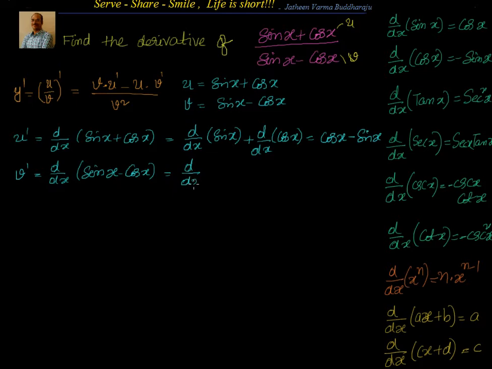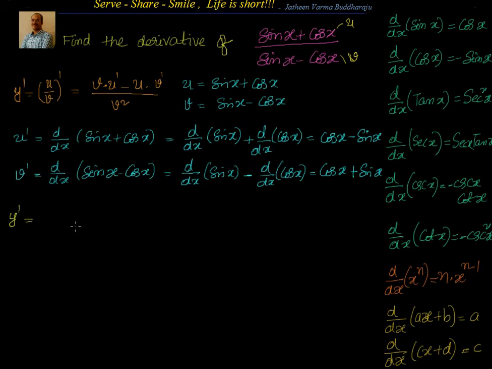I can say d by dx of sin x minus d by dx of cos x, which is equal to, sin x derivative is cos x, cos x is minus sin x, but we have one more minus here. Minus of minus will be plus. I hope you are comfortable with that. So we found u dash, v dash, we have u and v. So let's go ahead and write down the formula and substitute to find out the derivative.